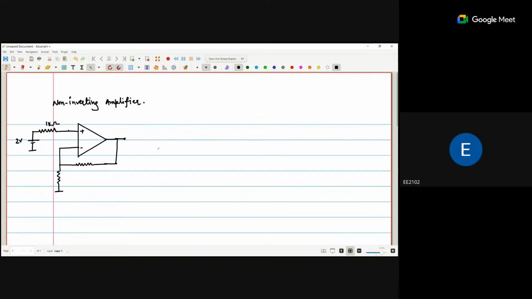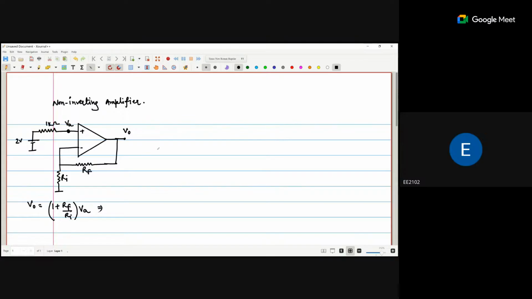The voltage applied at this point is VA. My output voltage, with RF the feedback resistance and Ri the input resistance, is V out equal to 1 plus RF by Ri times VA.